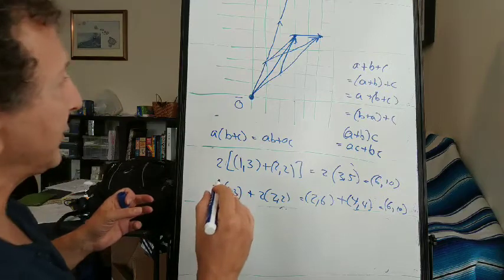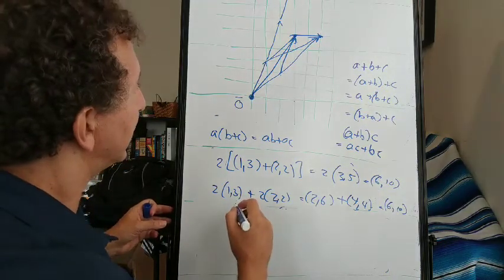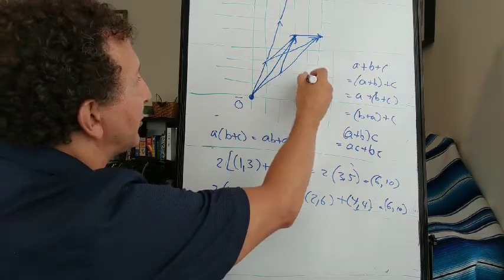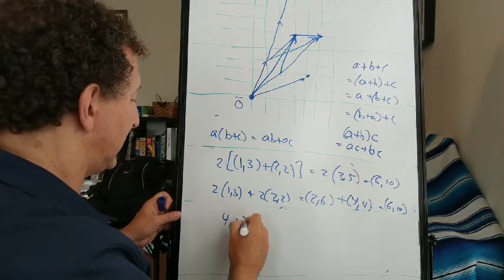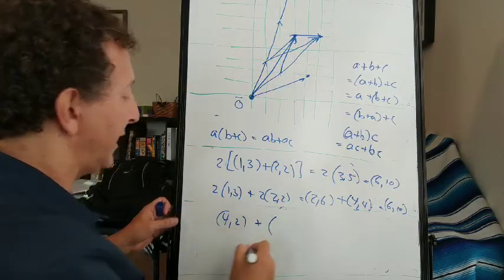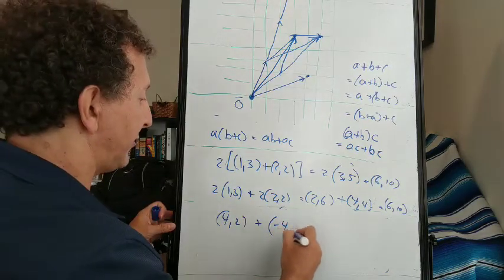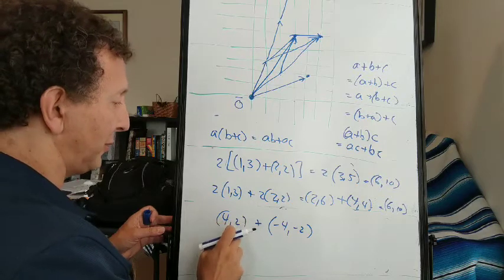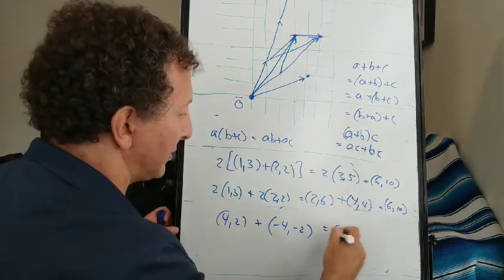Also, let's look at the fact that if we go (4, 2), to use a place I haven't used before, (4, 2). If we want to get back to the origin from there, well, we go (-4, -2). So we went to the right 4 and up 2. So we go to the left 4 and down 2 to get back to the origin.